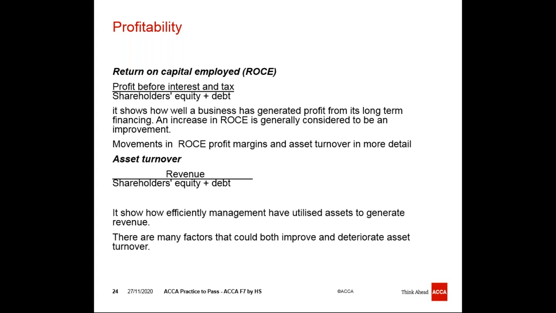And that is the difference between return on capital employed and asset turnover. When we discuss asset turnover, we are measuring the performance of the revenue, that is, what revenue we are earning from the capital employed that we have invested. Remember this point.